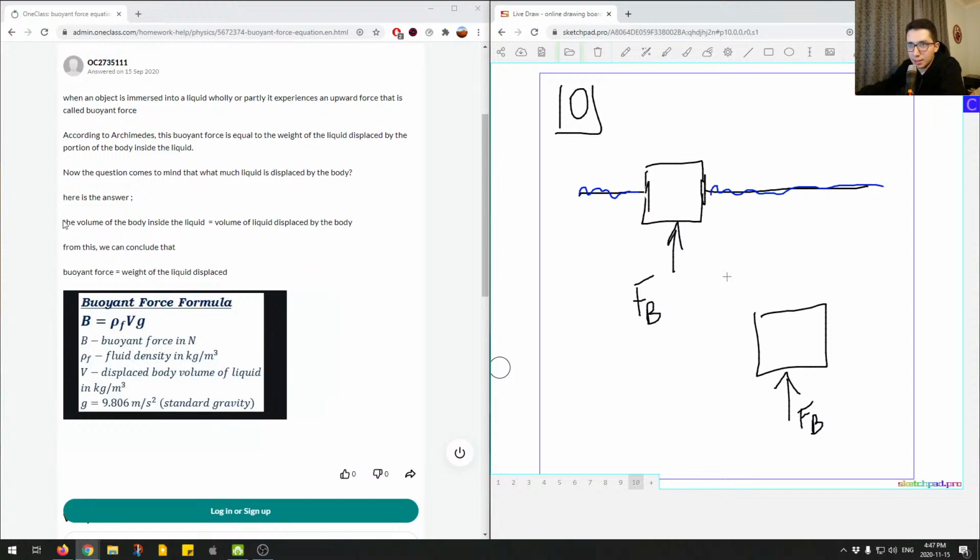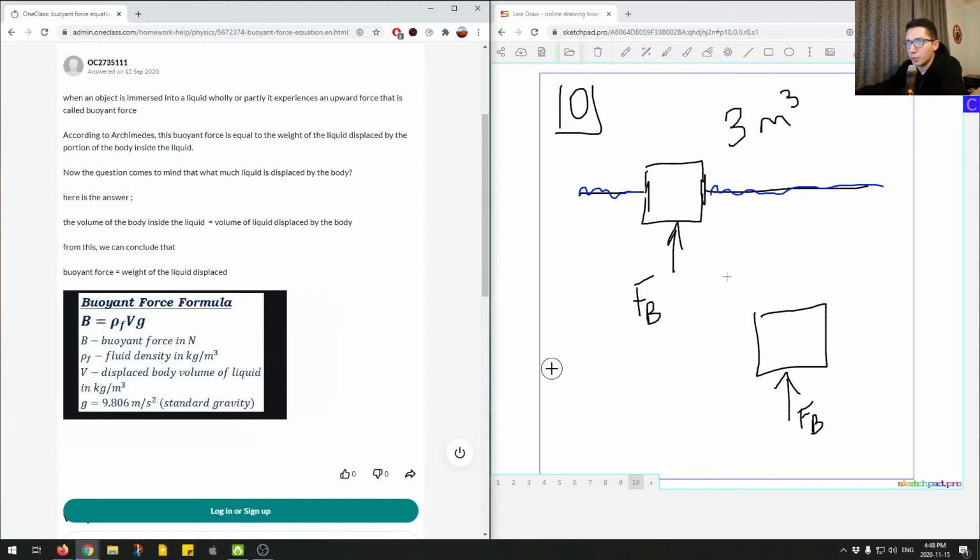So these are the key things right here. The volume of the body inside the liquid. We have some object over here with a volume, whatever it could be, 3 meters cubed, is equal to the volume of the liquid displaced by the body. Whatever it displaces, that's the volume we care about. So if this was half, we'd look at 1.5.